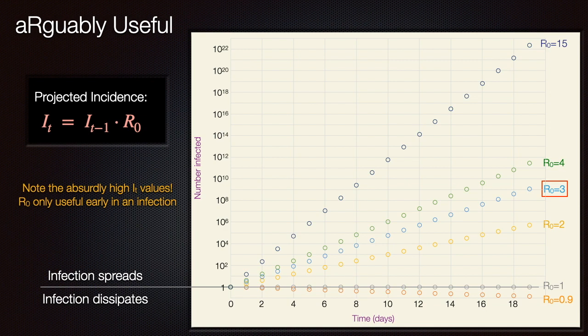Here in this graph, I've plotted the projected incidence for various values of R0 over the span of about 3 weeks.